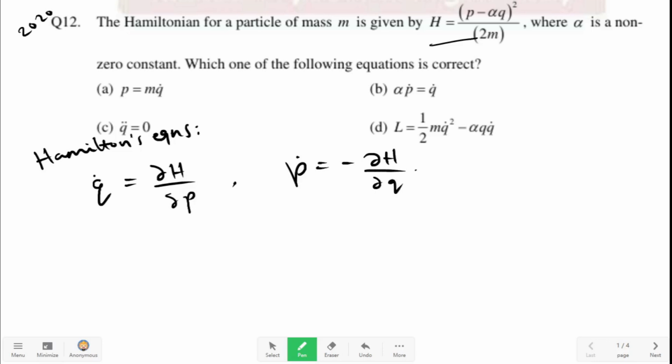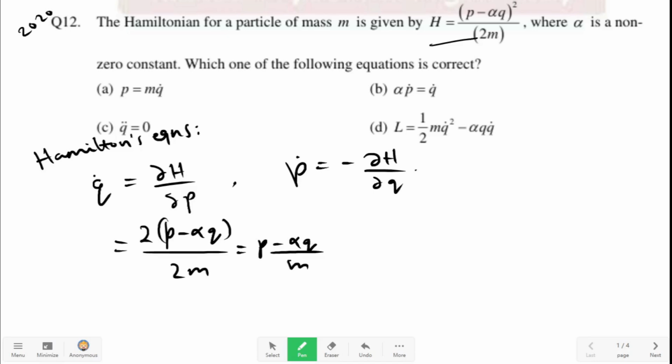So if we use this equation, q dot is equal to del H upon del p, we will get del H upon del p is 2 times (p minus alpha q) divided by 2m, which is equal to (p minus alpha q) upon m.